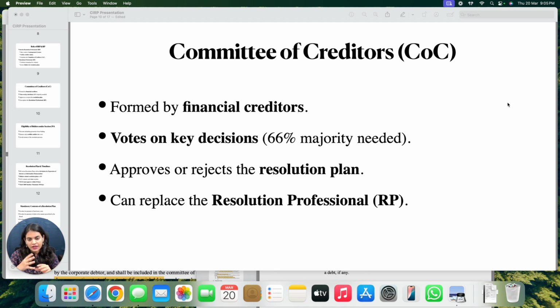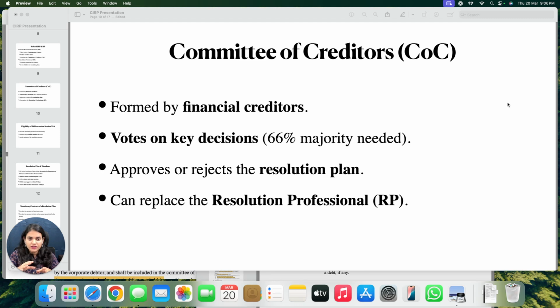So an IRP or an RP is required to look for these records of financial debt, and upon his satisfaction of the debt may admit the claim of the financial creditor.